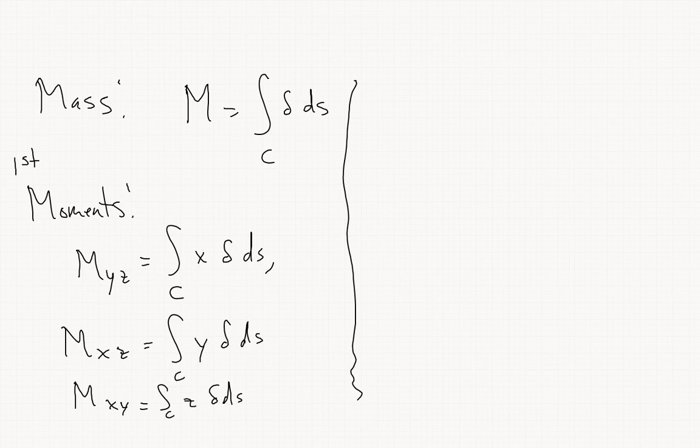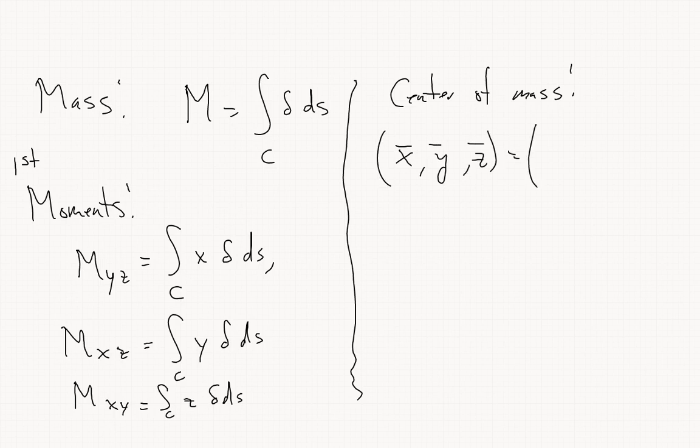And you could do this with respect to any line, but we mainly care about just the coordinate axes or coordinate planes. The center of mass, which we calculate from those moments, is M yz over m, M xz over m, and M xy over m.